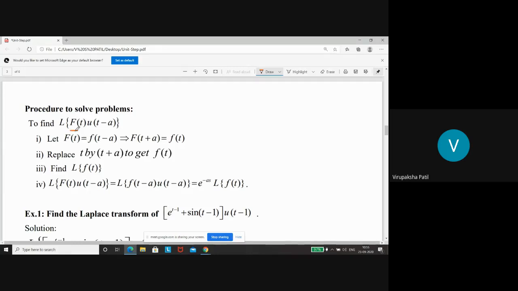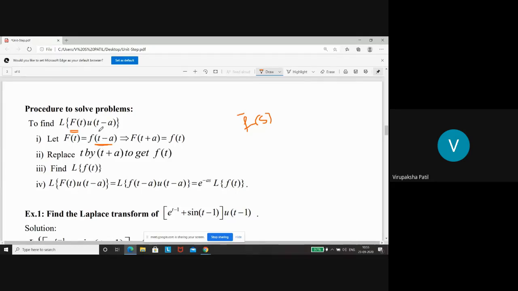Here this f of t should be considered as f of t minus a. Then you have to find f bar s by the property. To find f bar s directly by applying the Laplace transform to this is not possible, since it is f of t minus a.